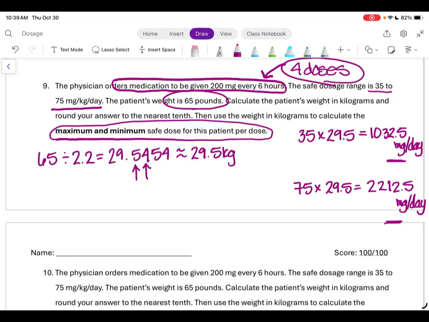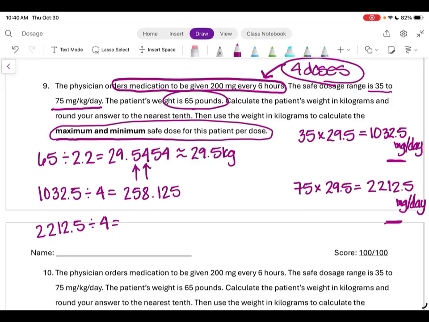right? So I'm going to do it down here. 1032.5 divided by 4, and then 2212.5 also gets divided by 4. 258.125 is what my calculator put.